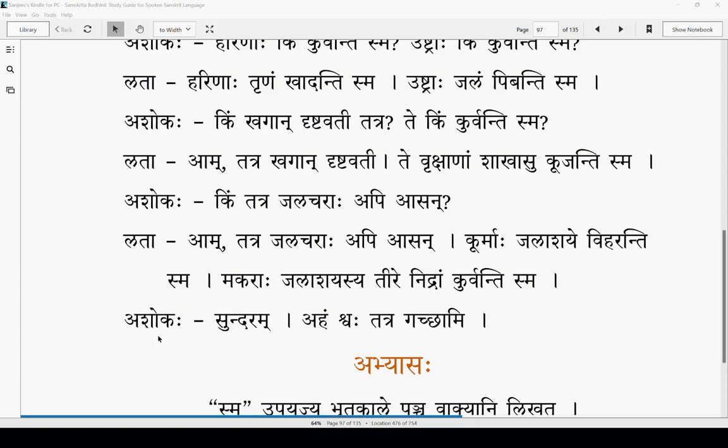Kiṃ tatra jalacarāḥ api āsan? Here again a question.